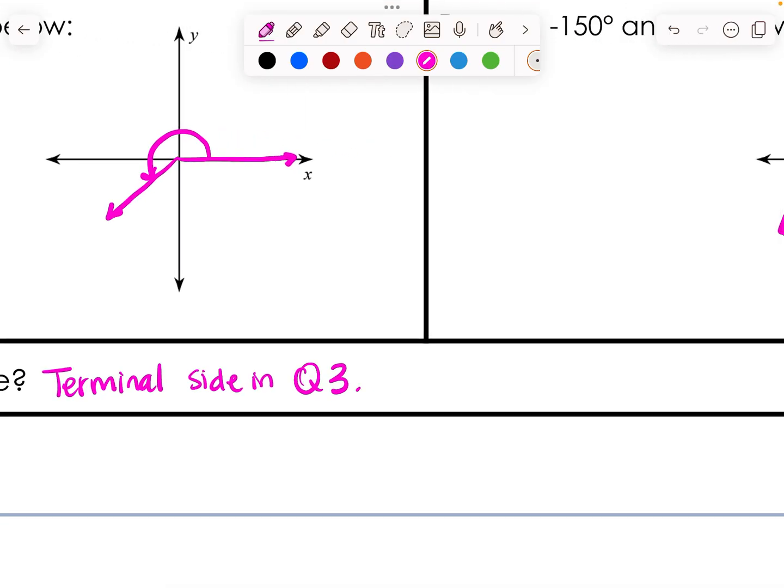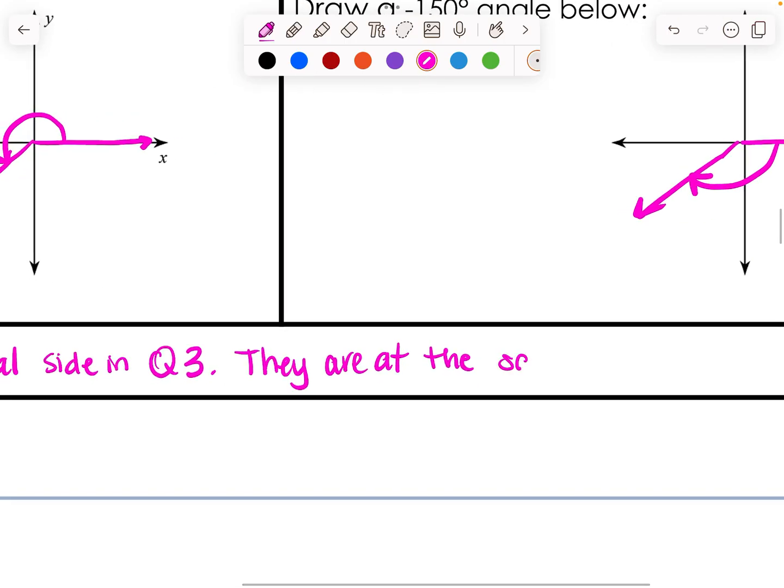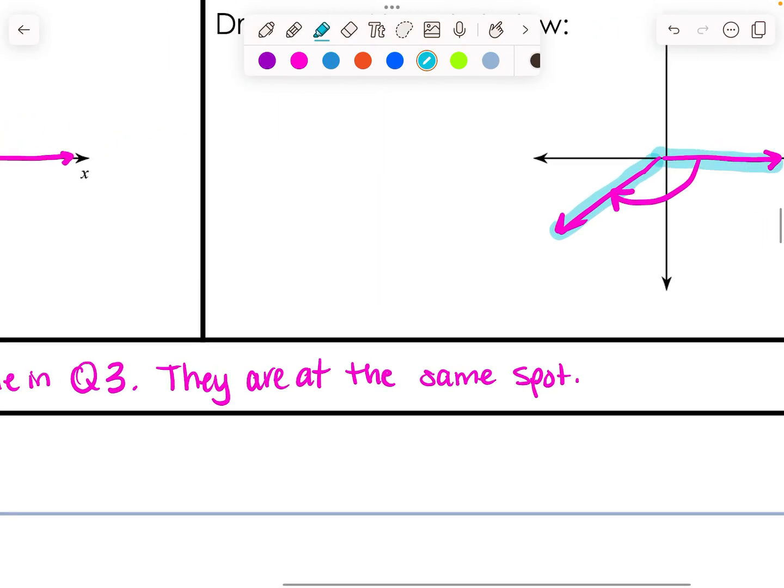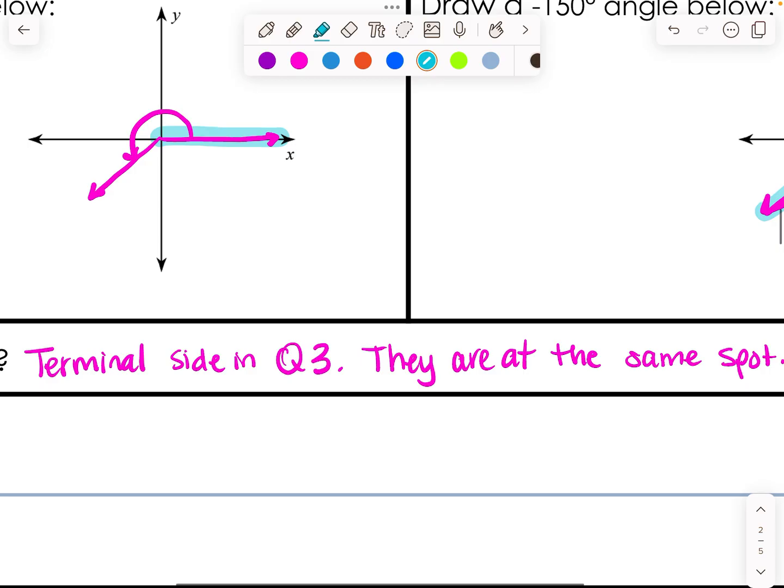They land at the same spot, meaning they start and finish at the same spot. And they actually do.